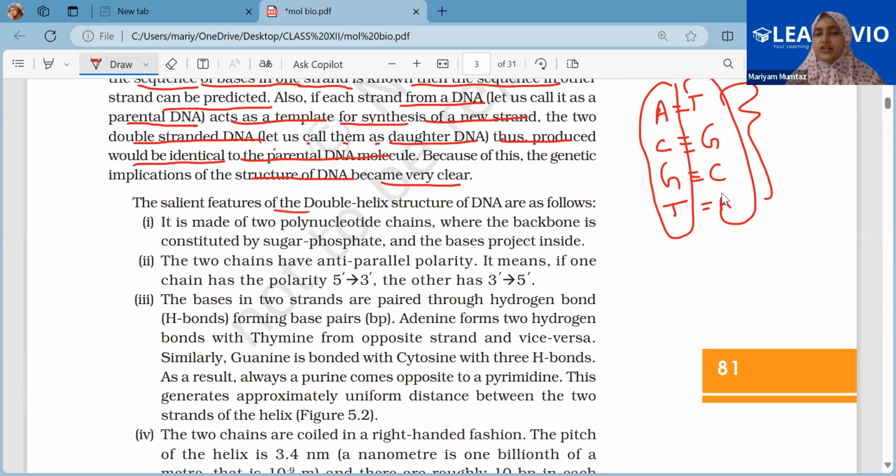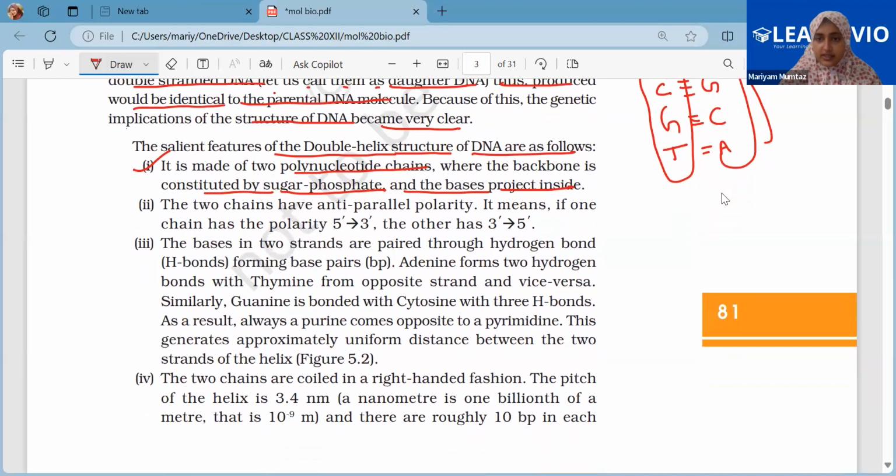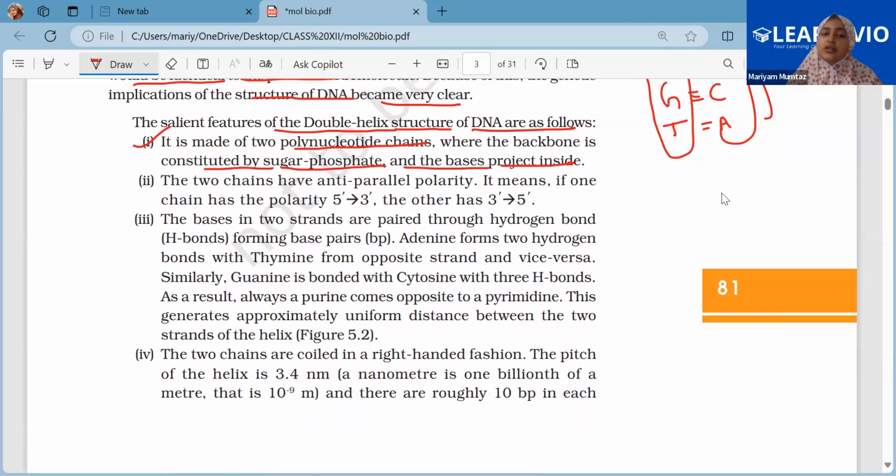The salient features of the double helix structure of DNA are as follows. All of these salient features are very important to remember. It is made up of two polynucleotide chains, where the backbone is constituted by sugar phosphate and the bases project inside.